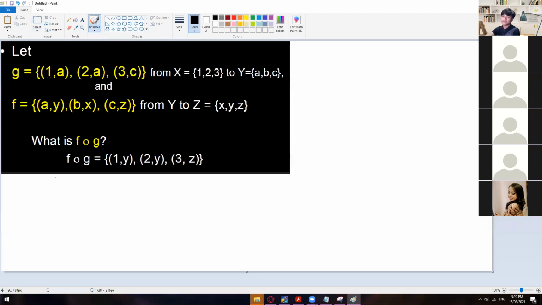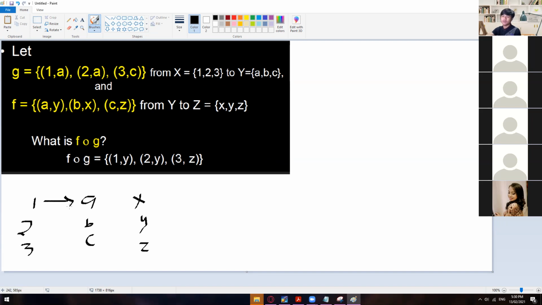So first, we have to know the values of your domains. So we have 1, 2, and 3. And the next one here is A, B, and C. And for the last one here, we have A, B, and C, so the same as the domain. And then the codomain is Y, X, Z, or X, Y, Z.